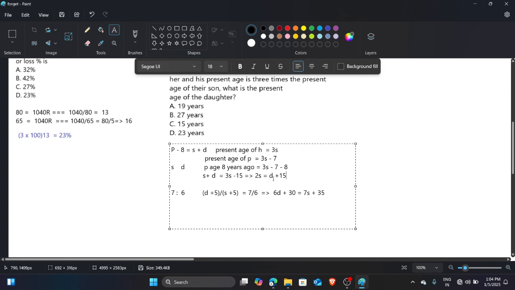Now if we put that value in this equation, we put the value of 2s.